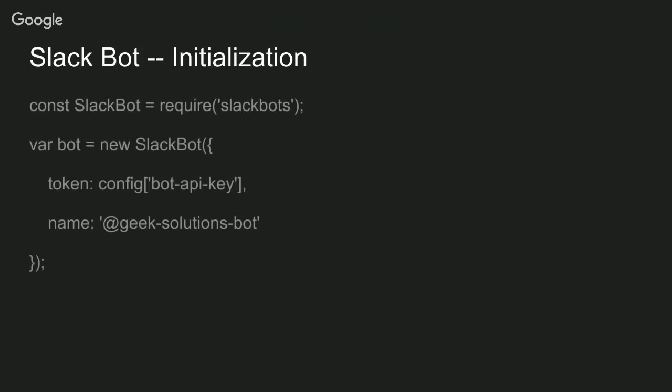So first of all, we'll start from initialization of the object which will be used to interact with the Slack API. First, we load Slack bot, which is the name of the library in npm, and then we create a bot object.